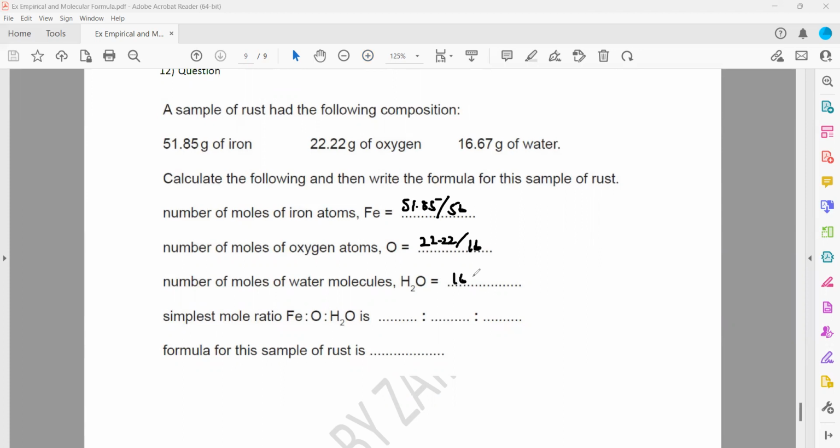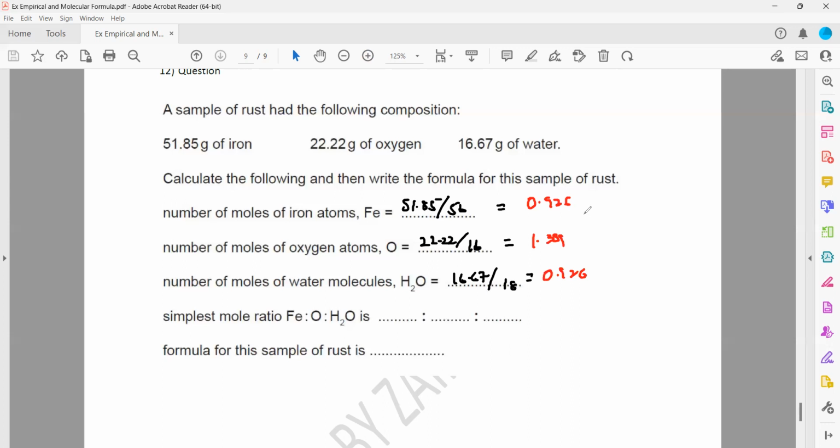And for water, 16.67 divided by hydrogen is 2 times 1 plus oxygen 16, so total is 18. This will give us the moles of each of them. That is 0.926, 1.389, and then 0.926.